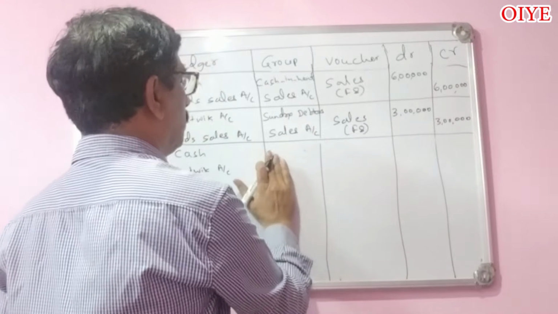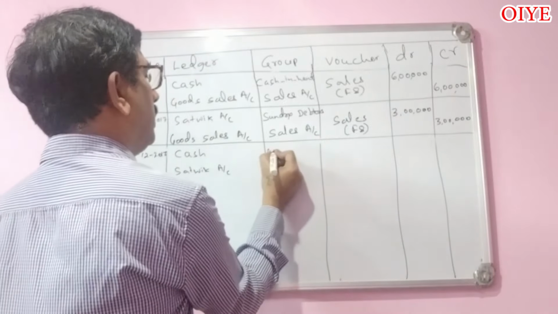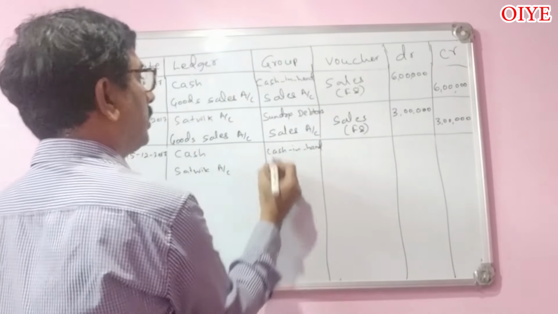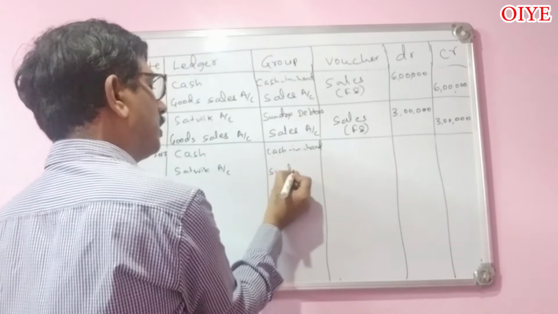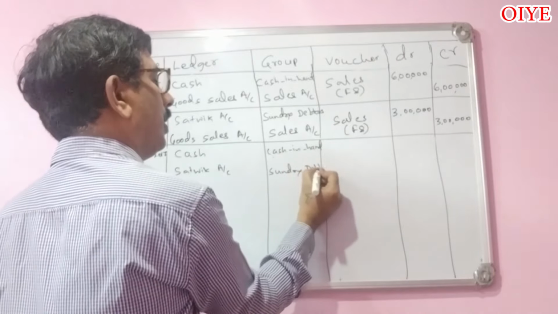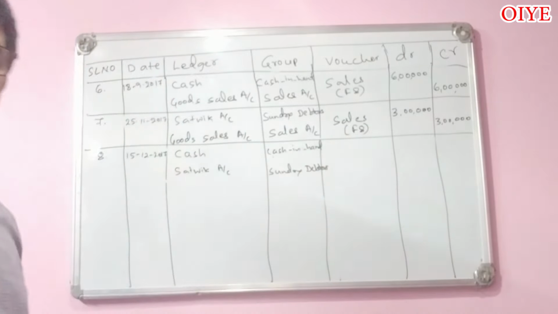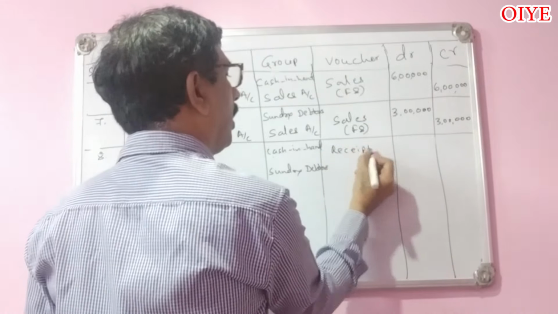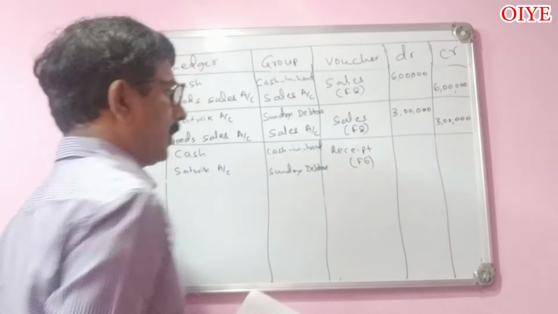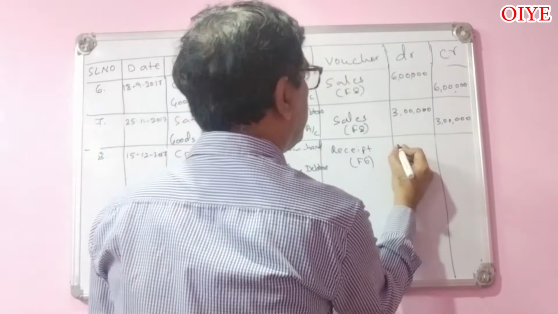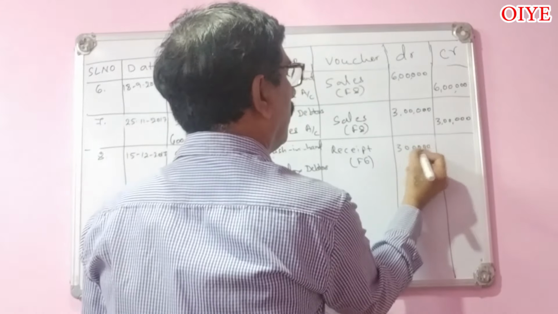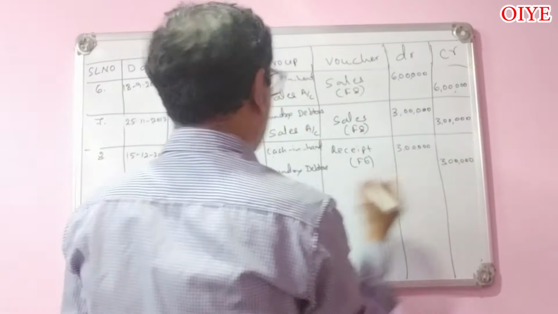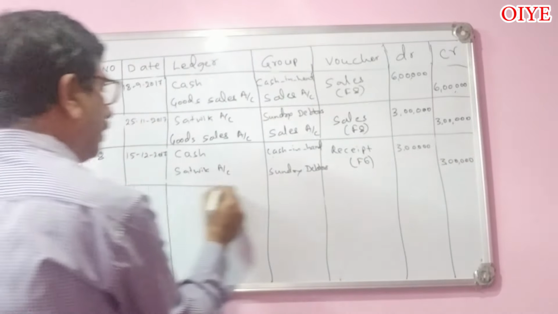We have to mention the group here. So cash under cash in hand, and Satvik account again the same thing, sundry debtors. The voucher is receipt, F6, and the amount received is 3 lakh. Okay, the 8th entry is over.